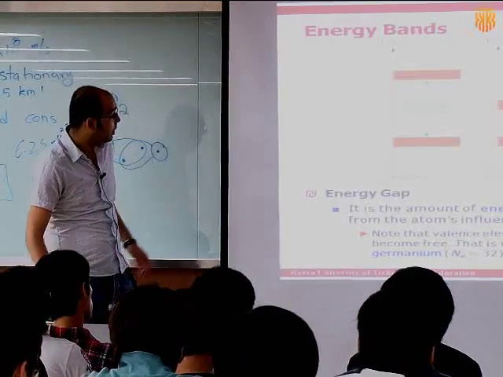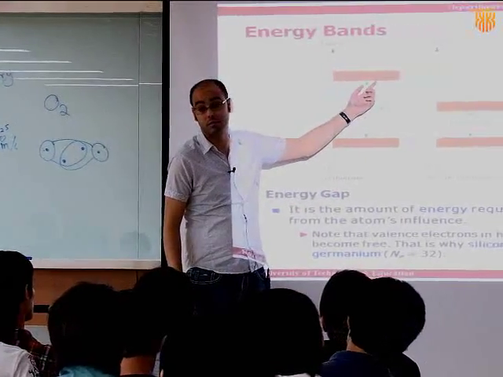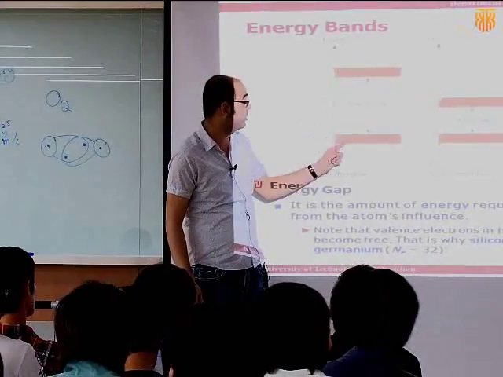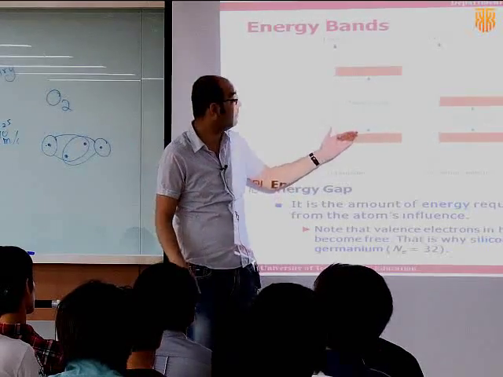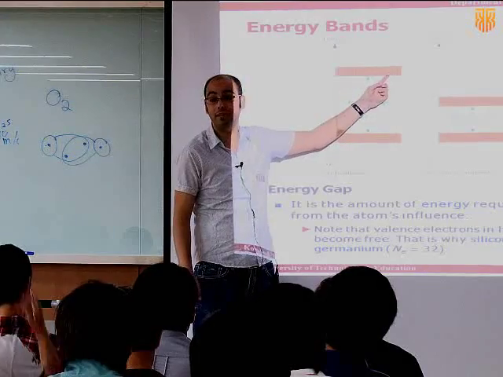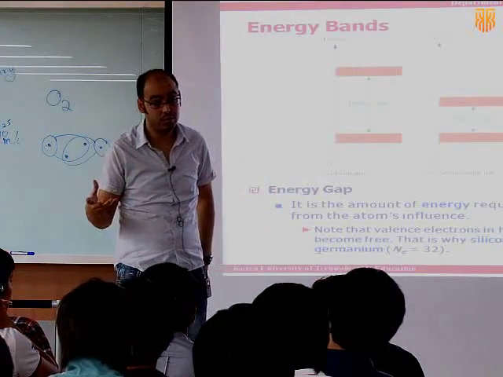So, you see, this is the valence band and the conduction band. If the electron is here, it is not conducting yet. But if it moves to the conduction band, it will conduct. Okay, it makes electricity.